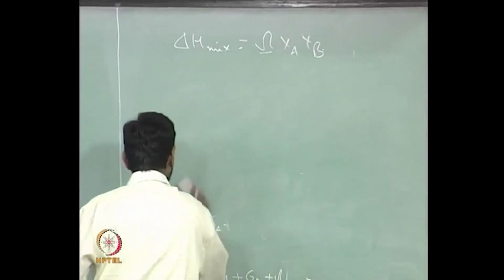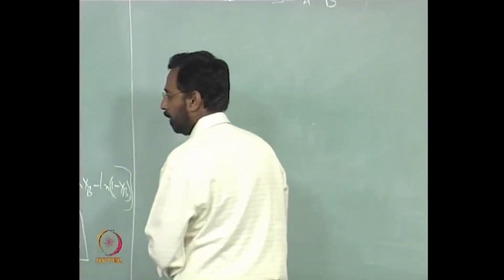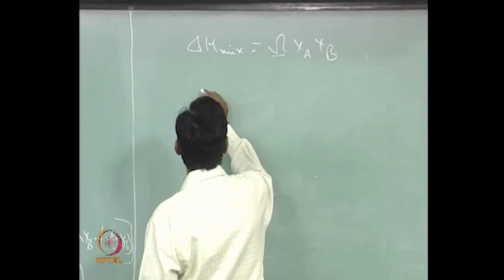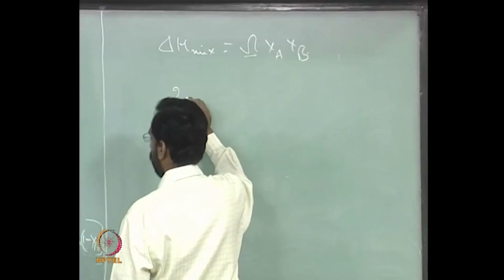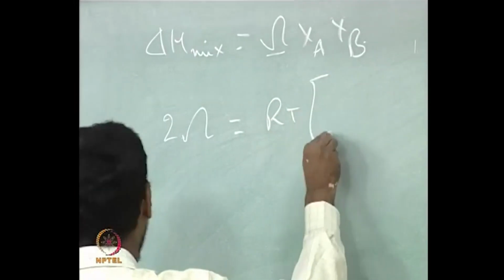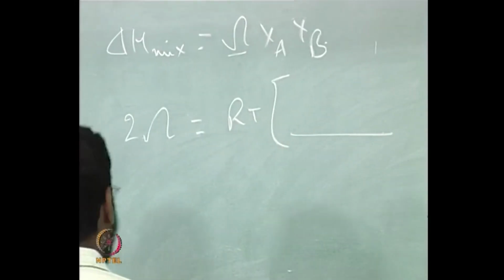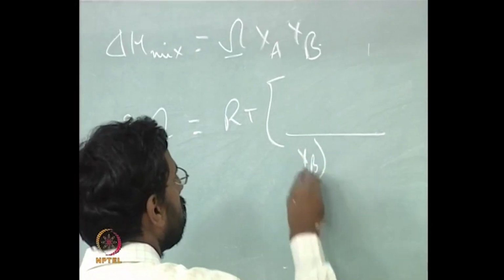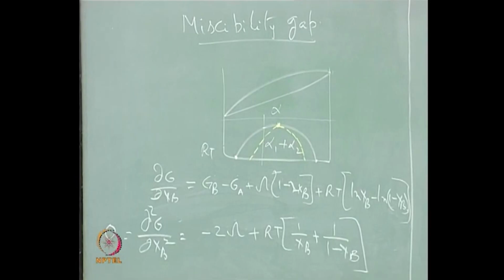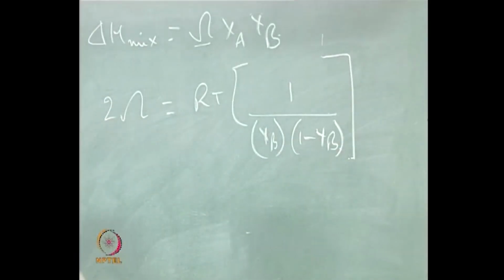I have never done these derivations for you, assuming that you all can do it. So you can see that basically 2r 2 omega is equal to r t into, okay, if you take it, so it is basically 1, am I right?